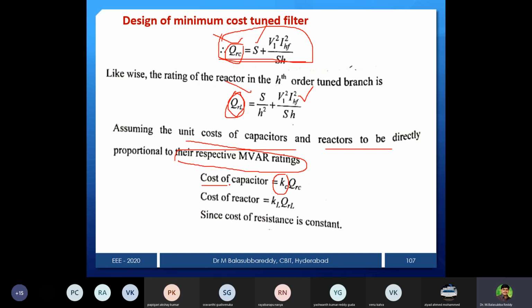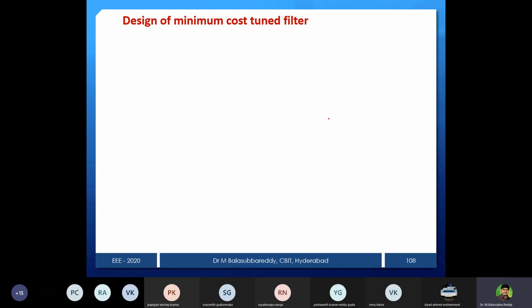So this is the cost of the capacitor, and similarly this is the cost of the reactor. The cost of the resistor is a constant, so you don't need to add this factor. Finally, you can simply add some C, a constant value, the cost of a resistor. Now we have individually the cost of the capacitor as well as the cost of the reactor, and now you can add the other term, the resistor term.